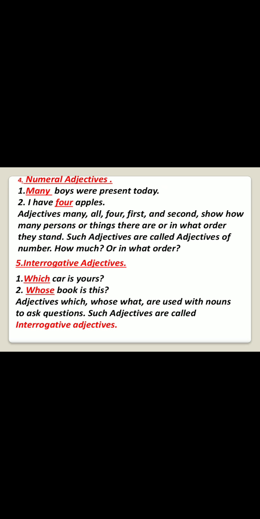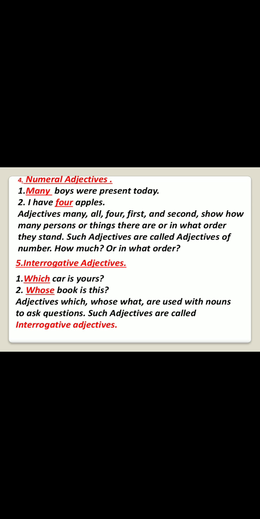Number 4, numeral adjectives. A numeral adjective shows how many persons or things are meant. For example, many boys were present today. I have 4 apples. Here, many and 4 are mentioning the numbers.